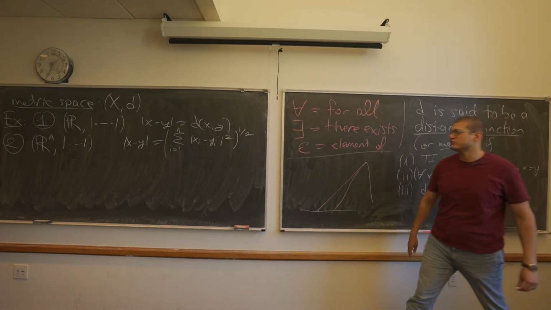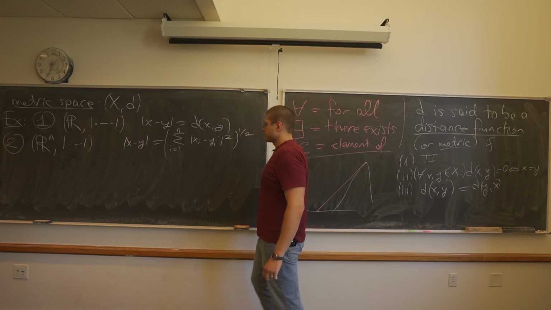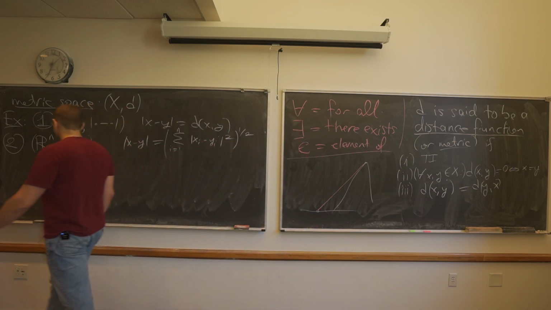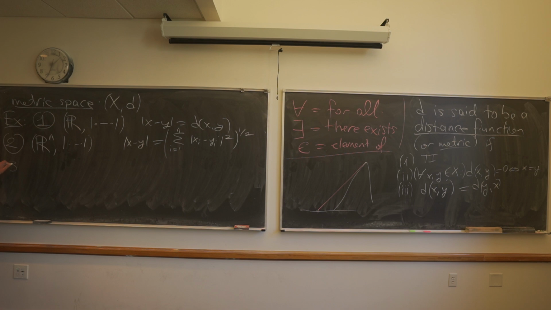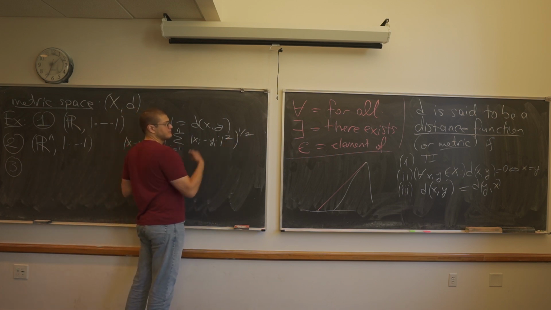So this is the standard Euclidean distance. Okay, here's another one. This is really a generalization of this. What you can do is you can change this number here.